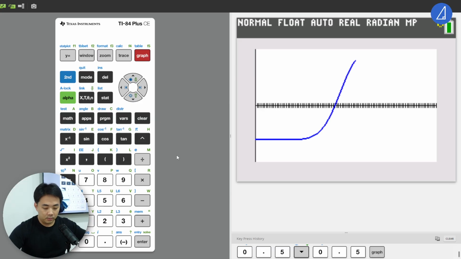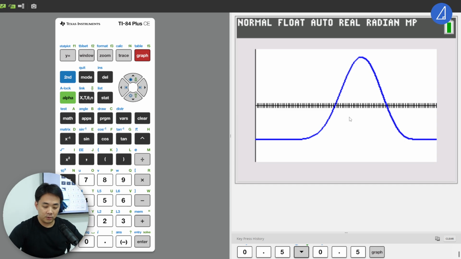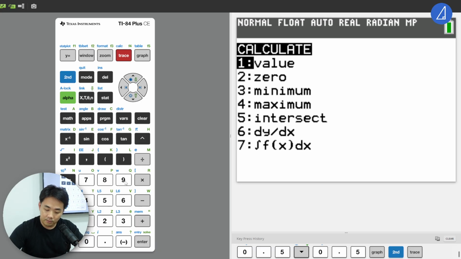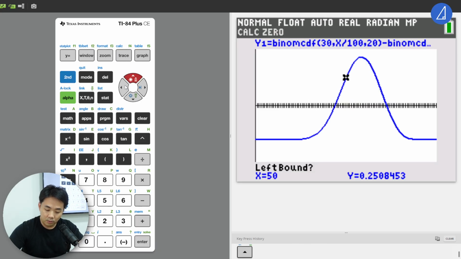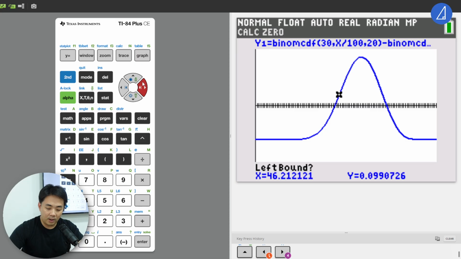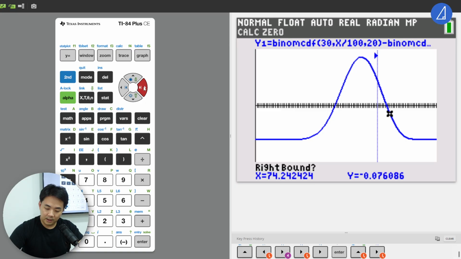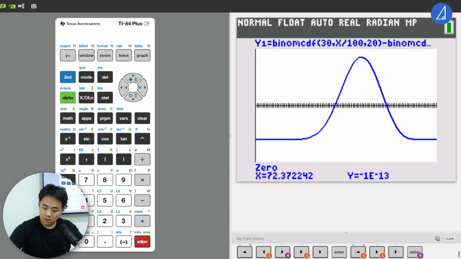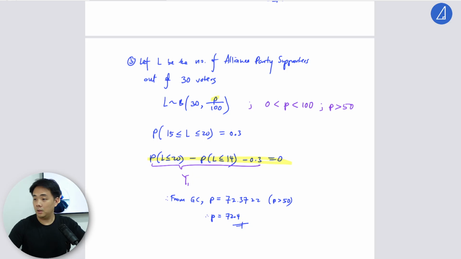Then you solve with the GC and get two values for P. One side is 40 plus, but you don't want that, so you look at the left side. Press enter, go to the other side, press enter again, then you get the answer. The answer is 72.3722. Done.